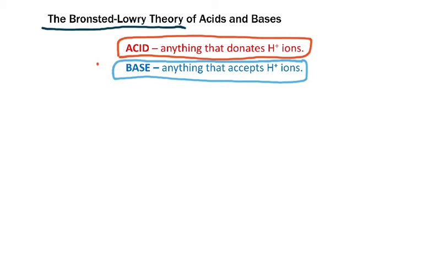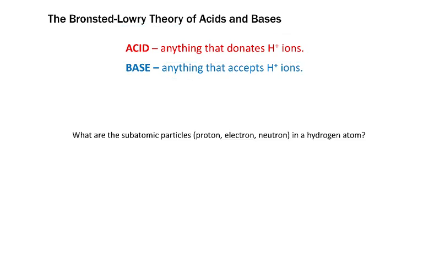Okay, what does all this even mean? Now, I have a question for you to think about. What are the subatomic particles in a hydrogen atom? If you think back to chapter 2 and atoms, hydrogen, the first element, has 1 proton and 1 electron.